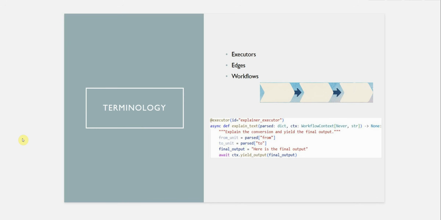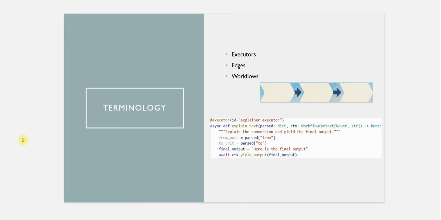A workflow consists of many executors. These executors are processing units which can run any custom logic, or can be an AI agent, which will receive input, perform a specific task, and produce output based on your given data type or the structured way you want. That's what an executor is, that individual processing unit.